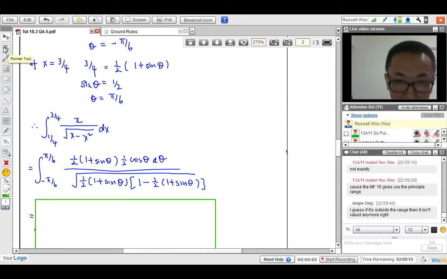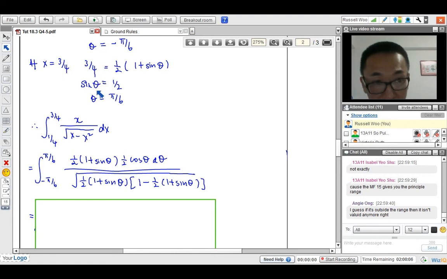Okay, I shall try and answer Shimin's question. Okay, Shimin, if we look at here, sine theta equals to half. Can see? Look at the arrow. Sine theta equals to half. You're asking yourself what is theta? Am I right? Now, sine pi over 6 is half. No problems. Pi over 6 is 30 degrees. But sine 150 degrees, which is 5 pi over 6, is also half.